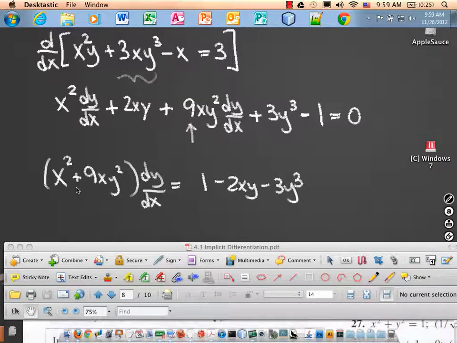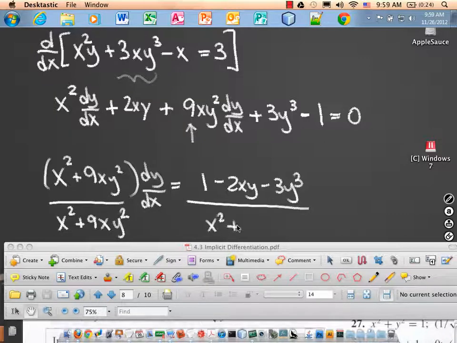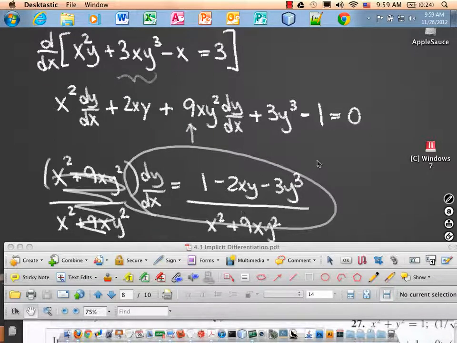And really what you're going to do now is divide both sides by x squared plus 9xy squared. And there is the derivative. That right there is the instantaneous rate of change for every point of the original equation.